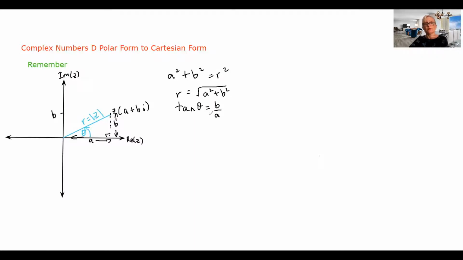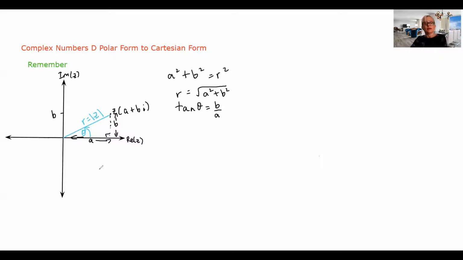So if your b on a happens to be positive, it's going to assume you're in the first quadrant. You might actually be in the third quadrant, in which case you will need to adjust your angle. If b on a is negative and you do inverse tan, your calculator will assume you're in here, but you might actually be in here. So always draw a little diagram. It doesn't have to be fancy. Just draw a little diagram to help yourself out there.